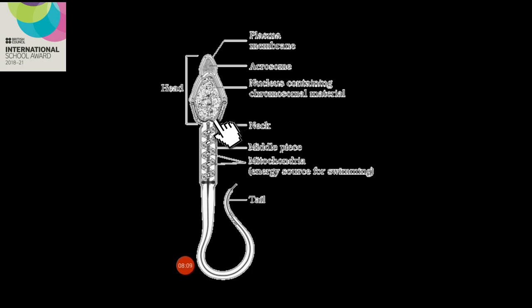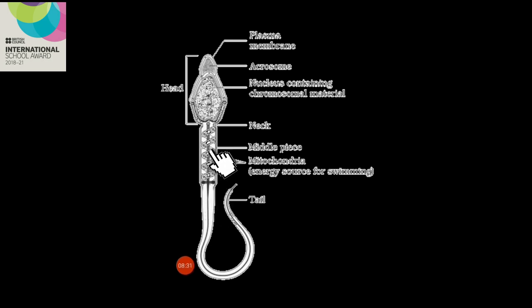And the region which can be seen in between the head and middle piece is known as neck region. This region contains two centrioles, that is proximal centriole and distal centriole. Proximal centriole will facilitate the cleavage of zygote after fertilization, and distal centriole will facilitate the sperm movement also.